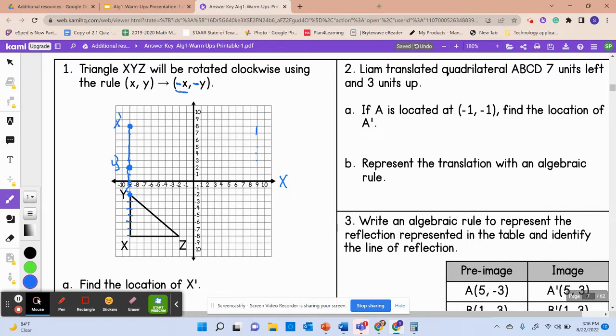And then we can see here that from X it goes 1, 2, 3, 4, 5, 6, 7 spaces for Z. So 1, 2, 3, 4, 5, 6, 7. So here's Z prime.